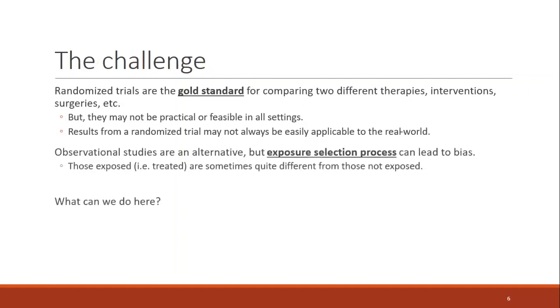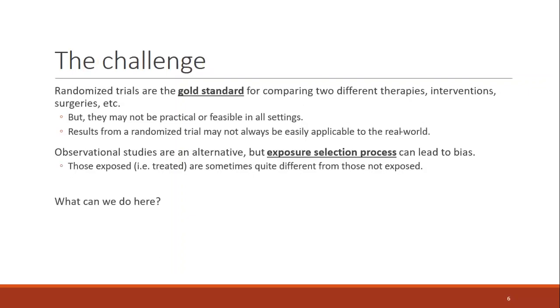Observational studies, again, are what we're more focused on as epidemiologists, but the problem we get into there is that there's an exposure selection process. Whether it's a person deciding to smoke or not while they're pregnant, whether it's who gets prescribed a Cox-2 versus who doesn't, who gets prescribed or given the high-dose flu vaccine and who doesn't. So this selection process can make it really hard for us to do fair comparisons as well. And the problem we run into is often those who are exposed are very different from those who aren't.